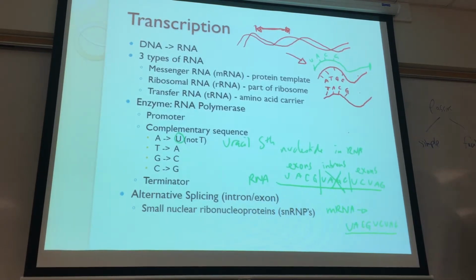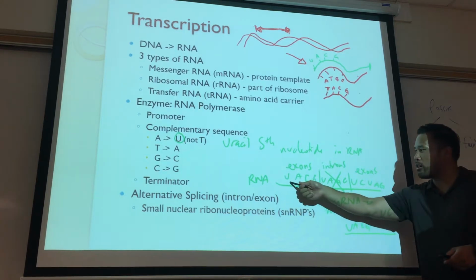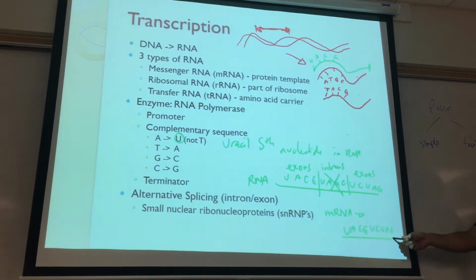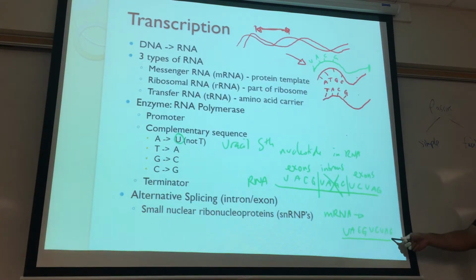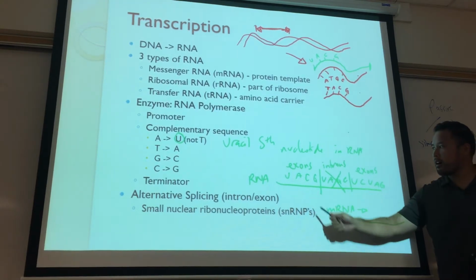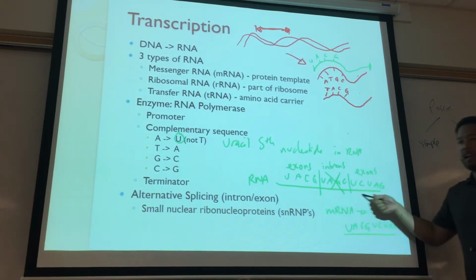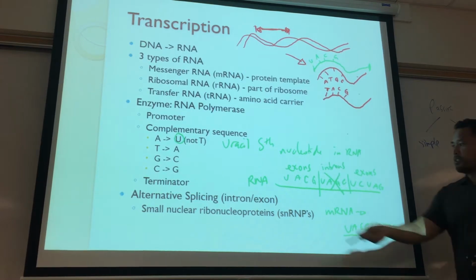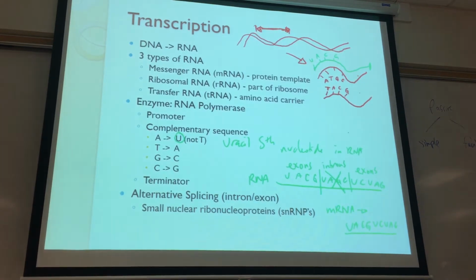Now, why would we want to cut this out? This might be the code for pigmentation, a specific pigment. There are other SNRPs. We could use this RNA for a different protein. So a different SNRP can come in and say, don't cut that piece out, cut from here to here, cut that piece out.